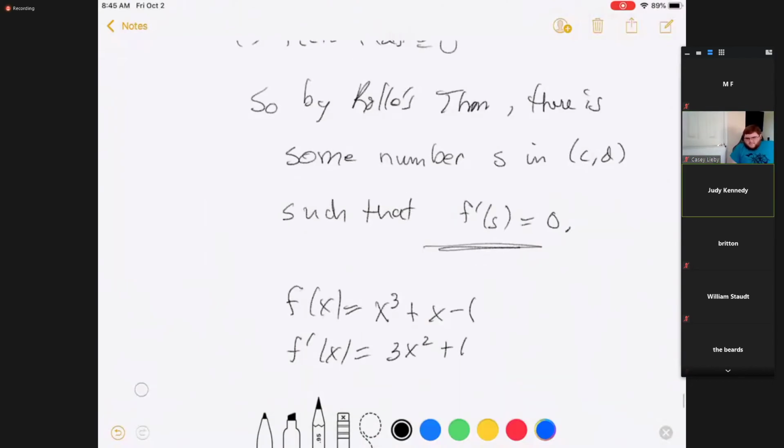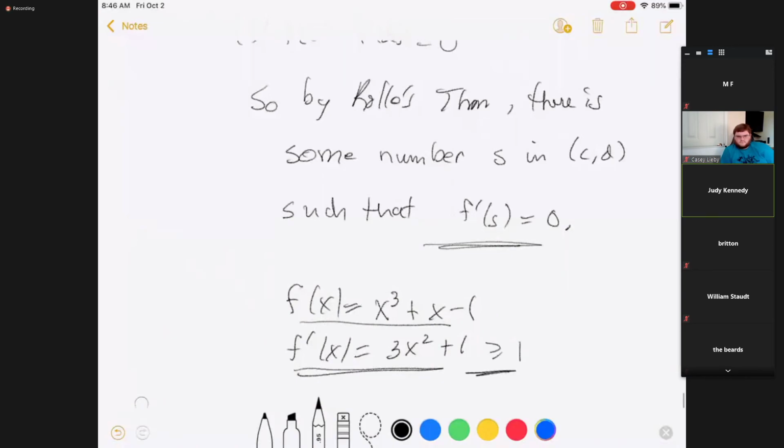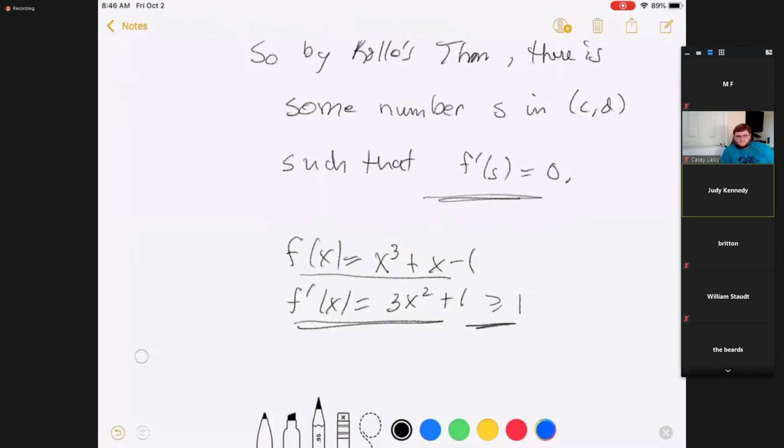So this is my function, and that's the derivative of that function. And notice 3x squared plus 1 is always greater than or equal to 1 for every x. So this cannot possibly be true.